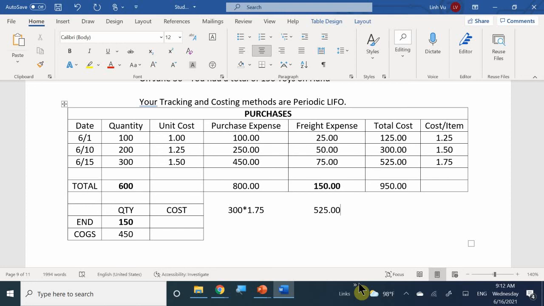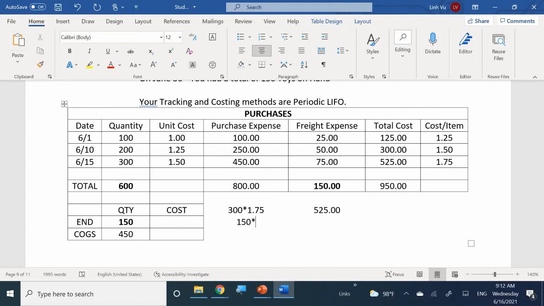How many more do I need to sell? 150. And which batch are we going to be taking out from next? The 200. So in this case, we're only taking a portion of it. So I only need 150.